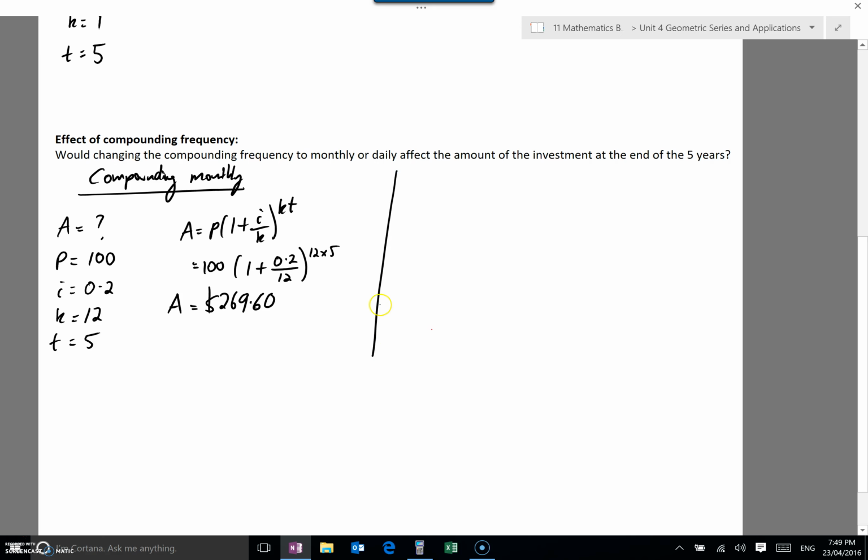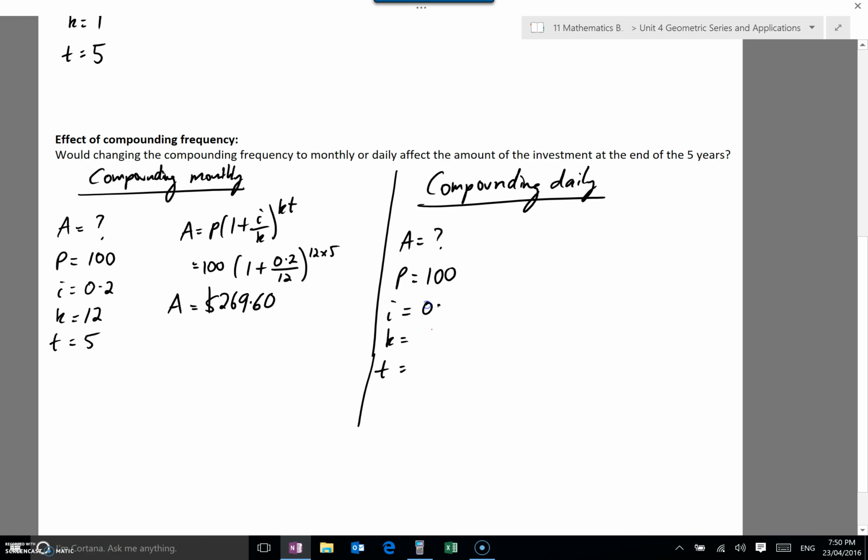Then I can have a look at compounding daily using the same idea. Listing all these things exactly the same. And hopefully we get the idea that as we increase the frequency at which we do these interest calculations, the k value will get bigger. In this case, because it's daily, we're calculating it 365 times.